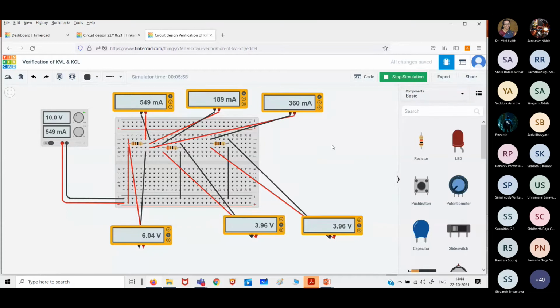But you should be able to connect any circuit given to you and extract whichever parameter is asked, whether current or voltage. Clear, everyone? Please tell me. Any doubts? Yes, clear, ma'am. Okay, very good.